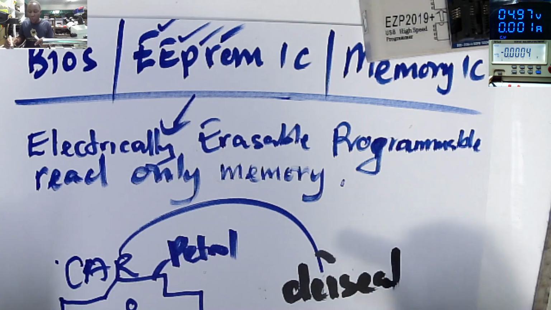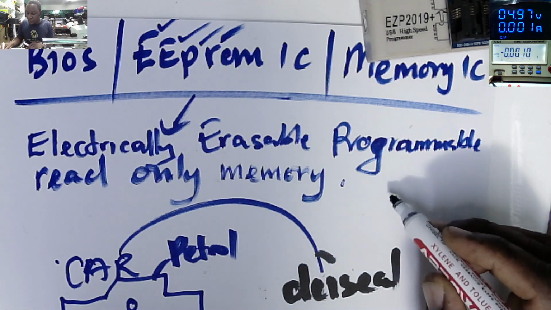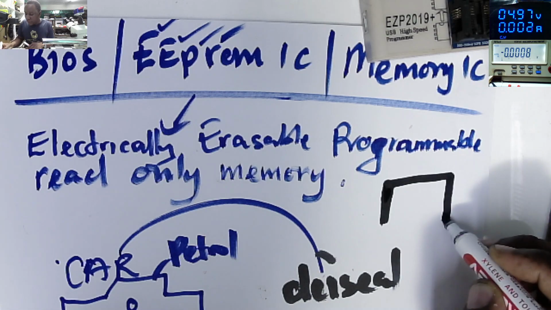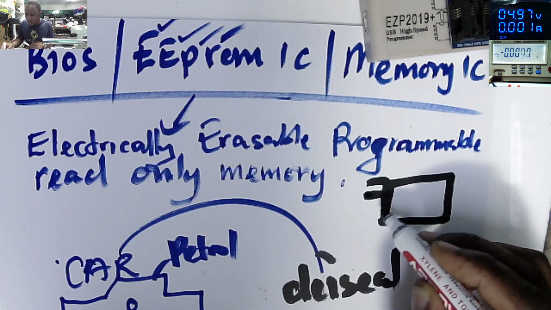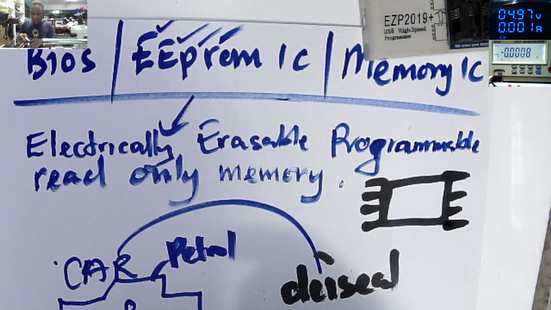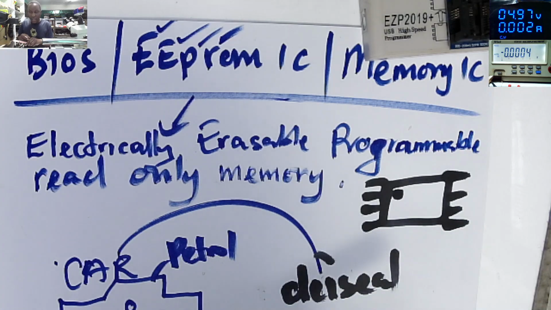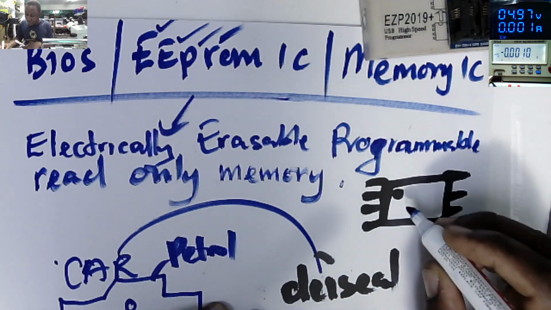This chip is meant to be erased. Why? Because what is inside the chip is firmware. Firmware can get corrupted at any time, can get distorted, anything can happen. So we have the 8 leg BIOS.